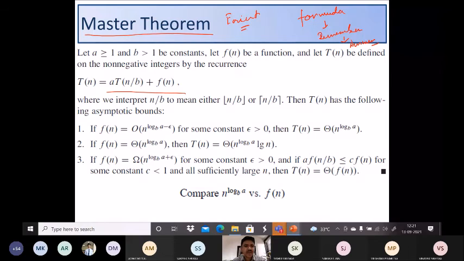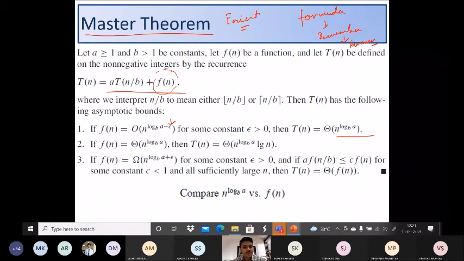Now, if this f(n) equals order of n to the power log a base b minus epsilon, where epsilon is greater than 0, then you can directly write T(n) equals theta of n to the power log a base b.